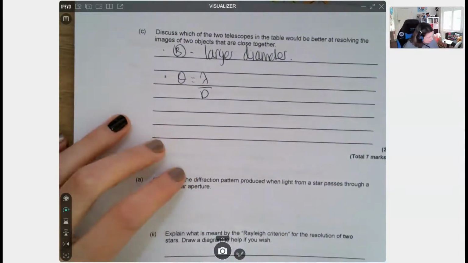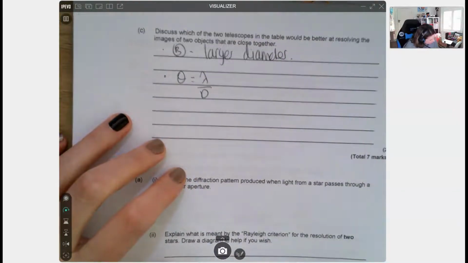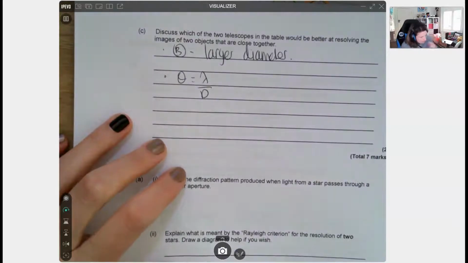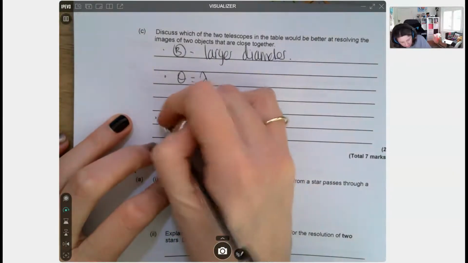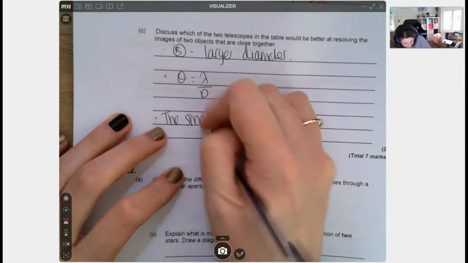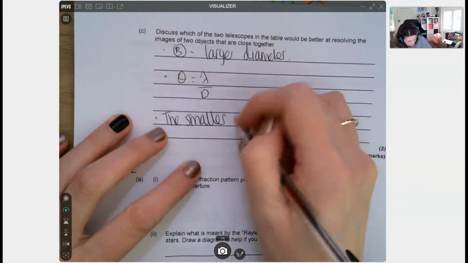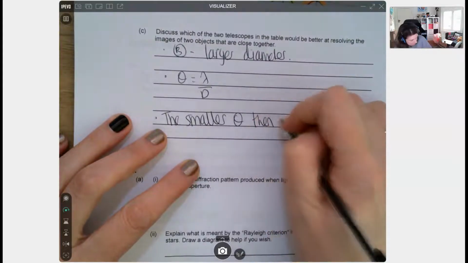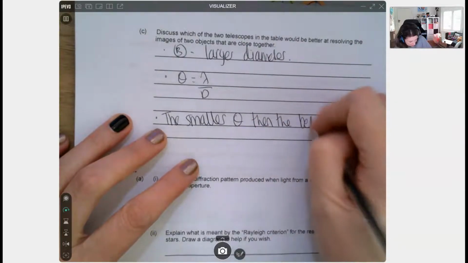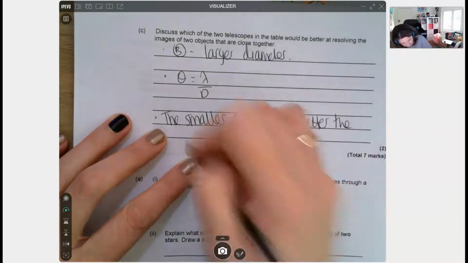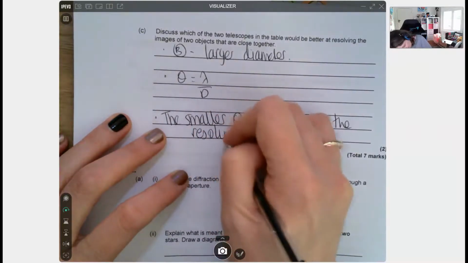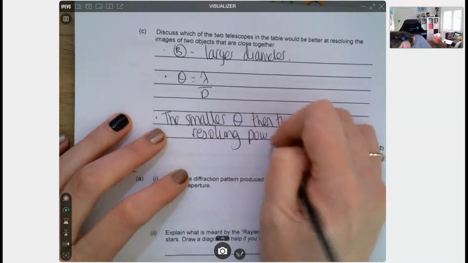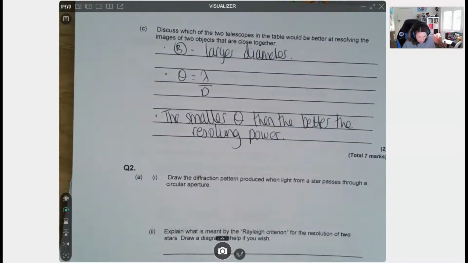I don't know if it tells you the wavelength of light. No, it doesn't. But you can just then say for the third mark, the smaller the angle, then the better the resolving power.